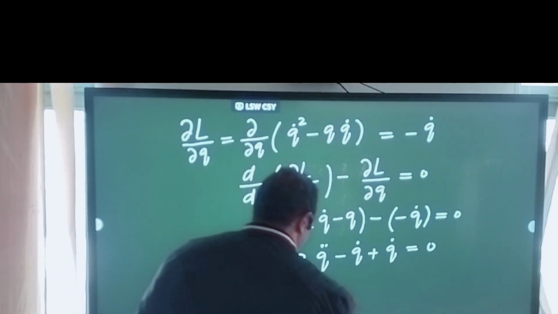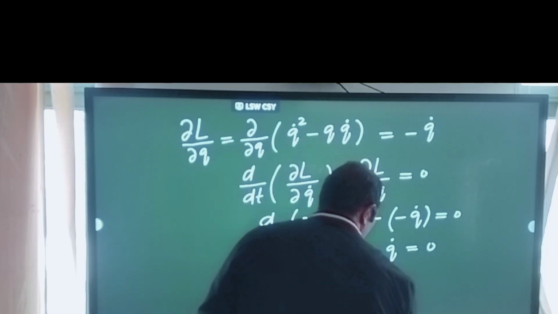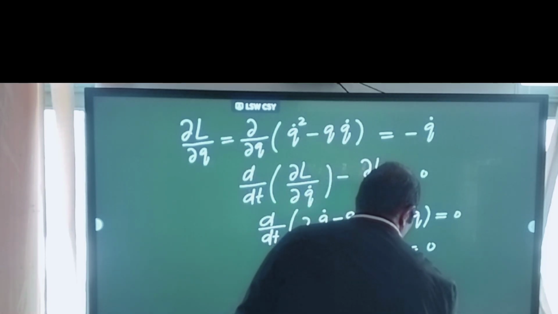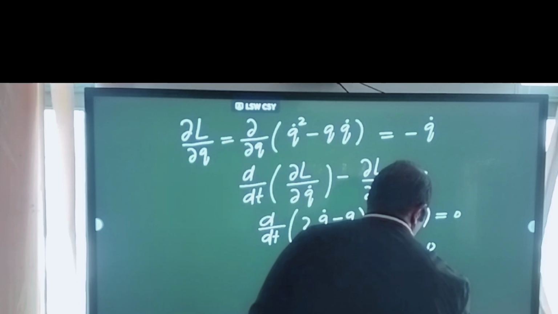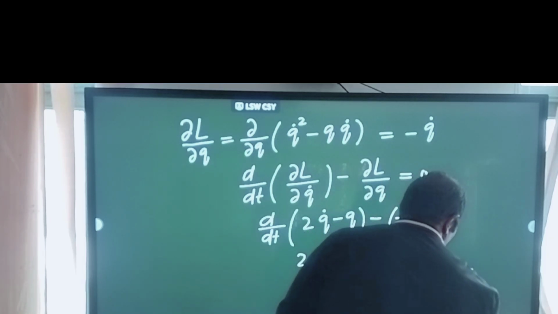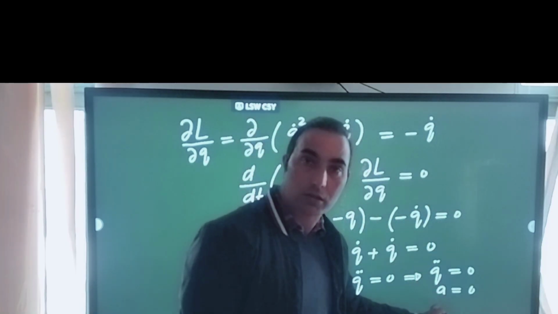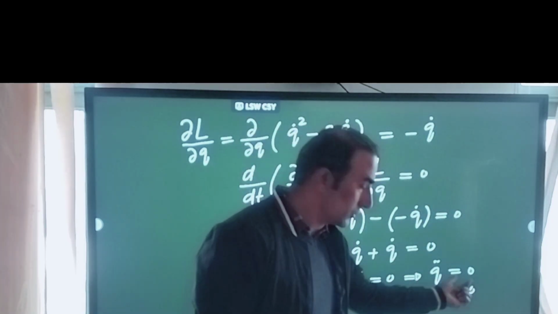Or you can write that twice q double dot equal to 0 implies that a equal to 0. So because what's our q double dot? So that is acceleration. So acceleration 0 के बराबर आता है.